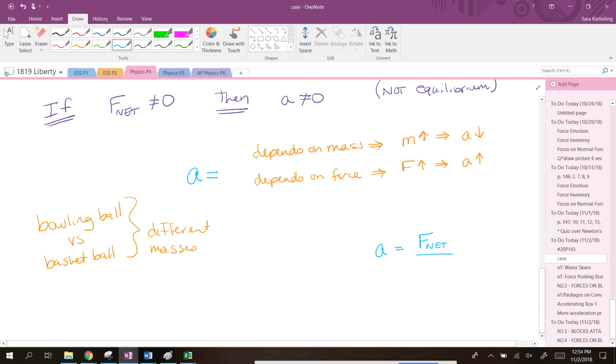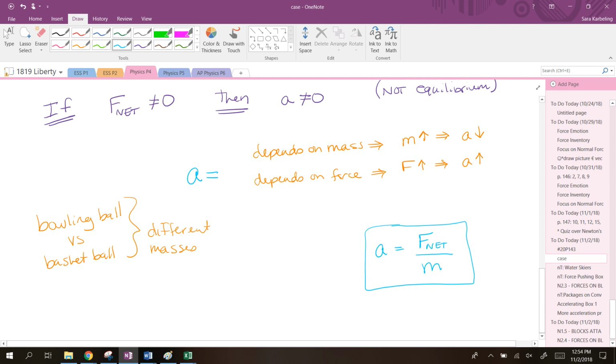So it's that inverse, that opposite relationship, which means mass needs to be in the denominator. As force goes up, acceleration goes up. As mass goes up, acceleration goes down.